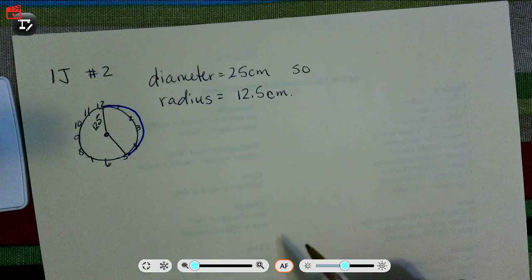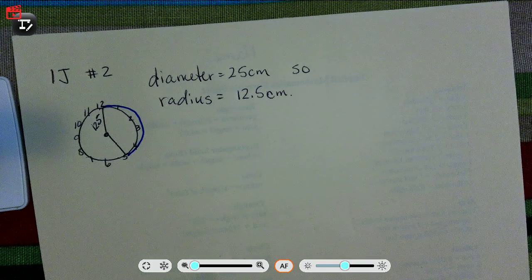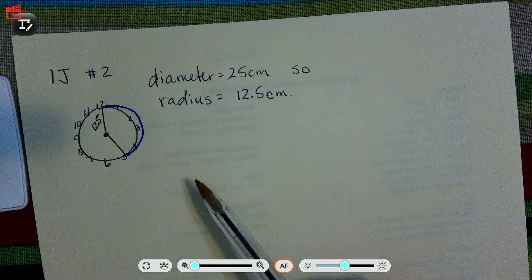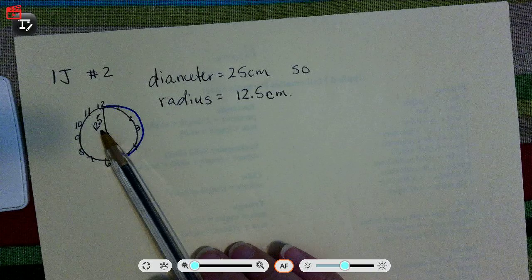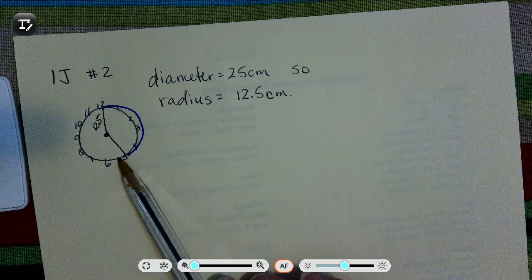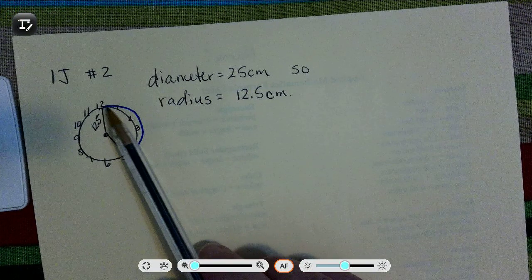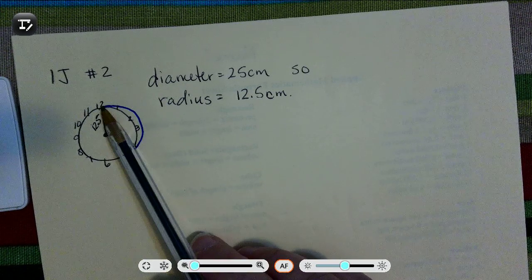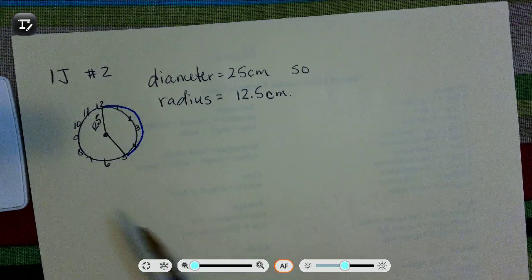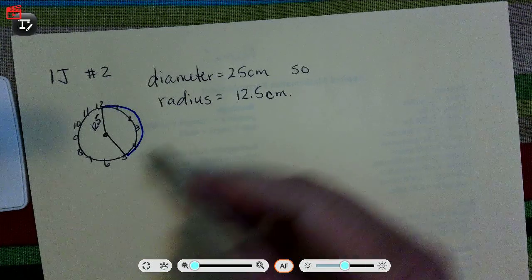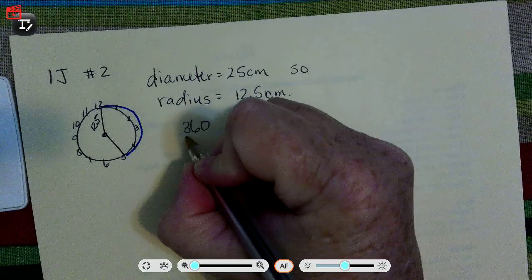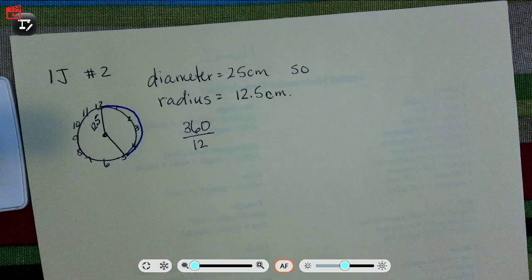So if we think about finding the arc length, we need to find out the angle measure and the radius. Those are the two things we have. We have the radius, so now I've got to figure out this angle measure. The numbers on the clock are equally spaced, so there is the exact same space going between these. So if I have a full circle, that's 360 degrees, and we're going to divide that by 12 numbers.